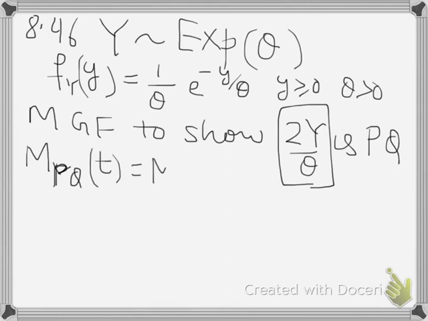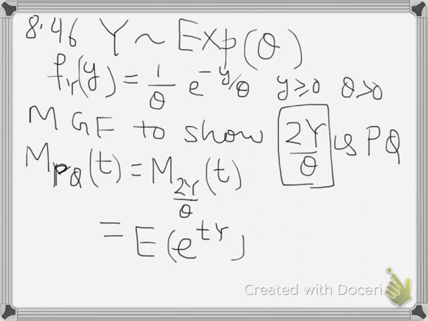Which is the moment generating function of 2y over theta. The definition of moment generating function is that it is the expected value of e to the power ty. That is the definition.